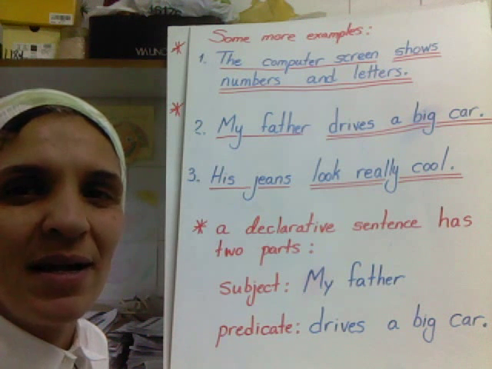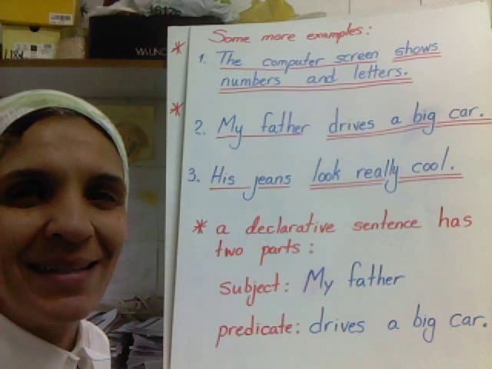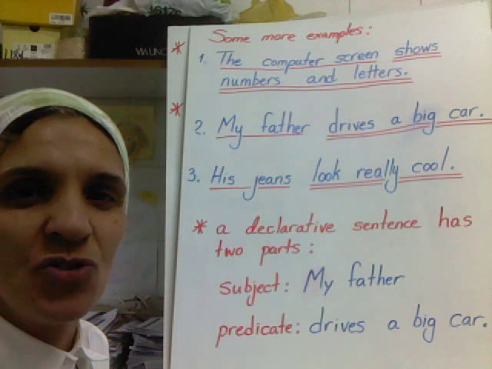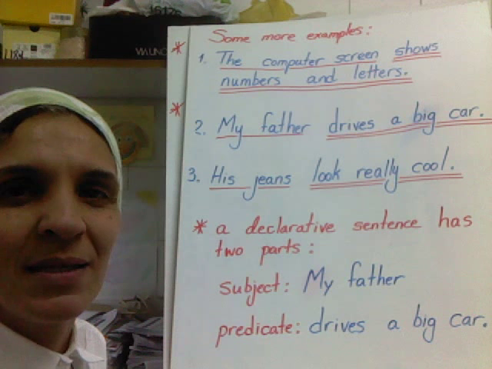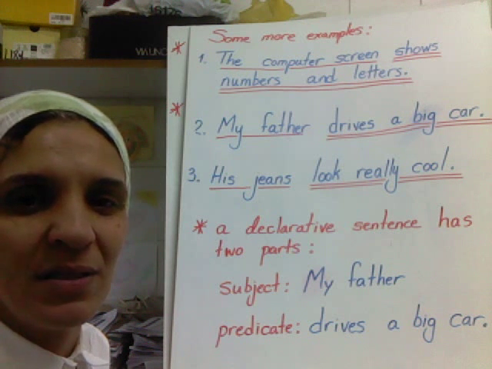And I underlined the second part, shows numbers and letters, that is the predicate, because another feature about a declarative sentence is that it has two parts, the subject and the predicate. It has two parts. The first part is called the subject and the second part is a predicate.